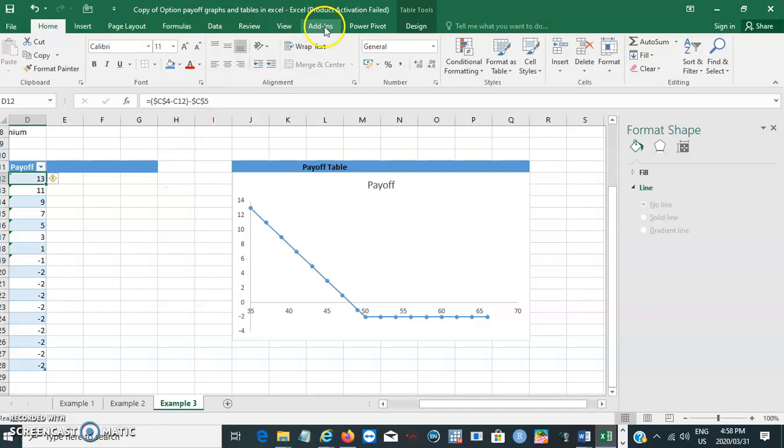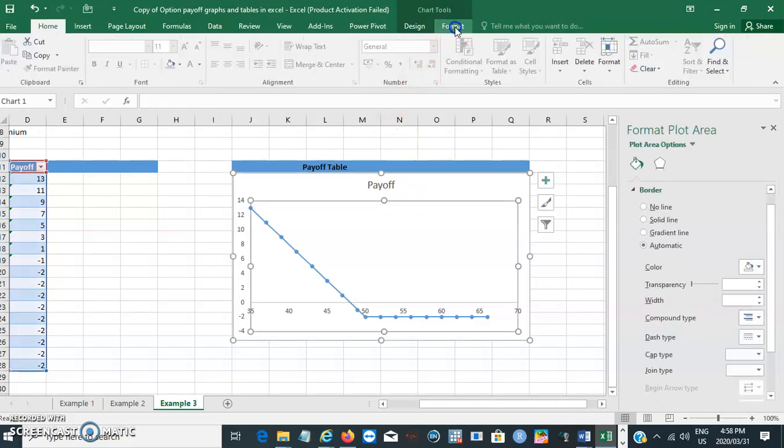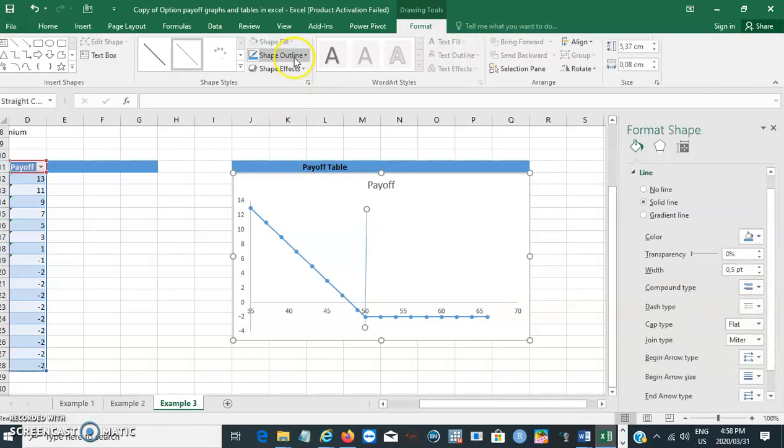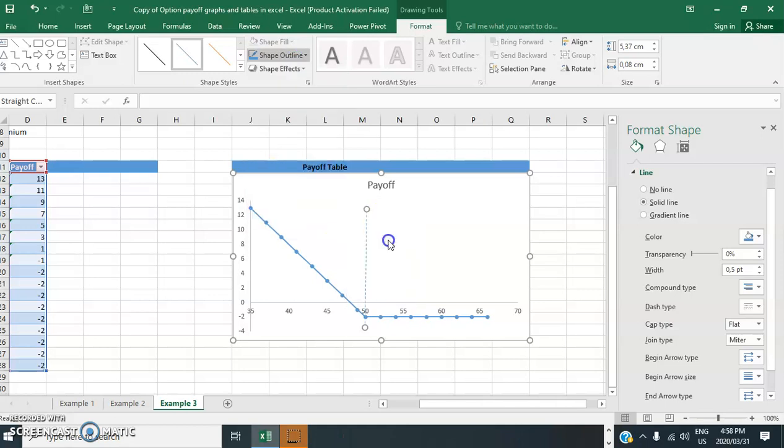So you can go on and look at how you can format this chart again, show us where your strike price is, and you can find the shape of that line for the strike price.